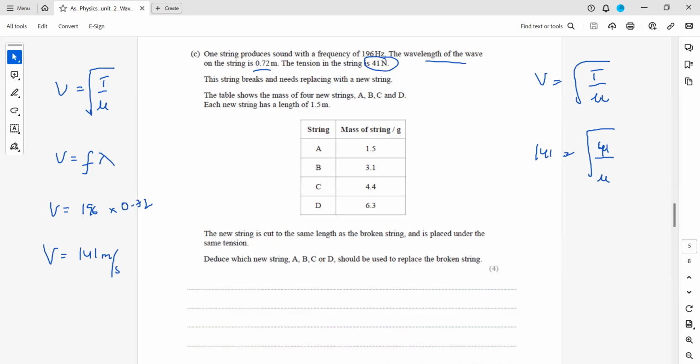So 141 squared equals 41 divided by mu, and mu will be 41 divided by 141 squared. So the mass per unit length is 2.06 times 10 to the power minus 3 kilogram per meter. That's the unit of mass per unit length.